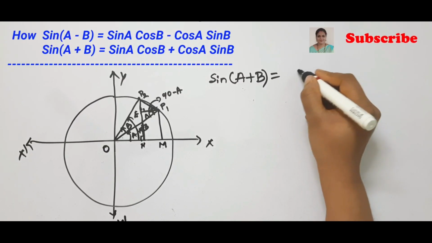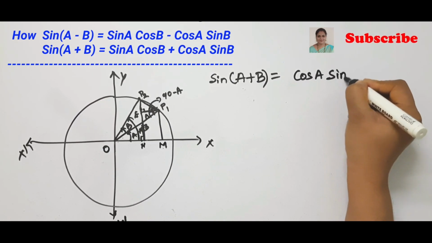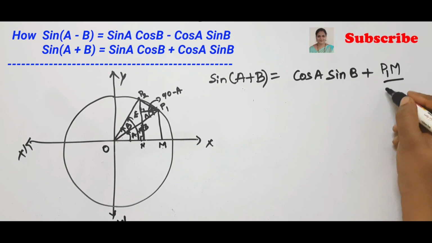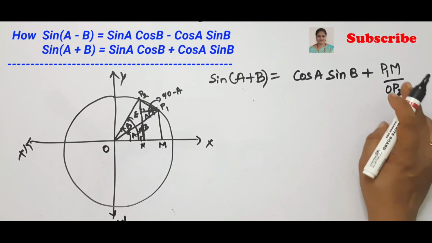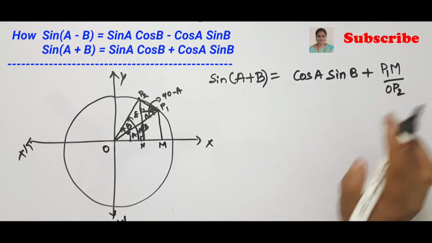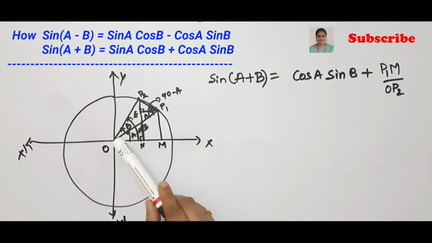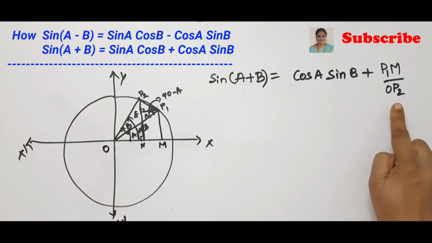So we got cos A sine B plus, now we have to calculate P1M by OP2, is it not? To calculate this P1M by OP2, let us use the triangles OP1M and OP2P1.